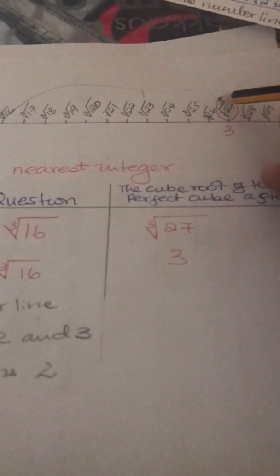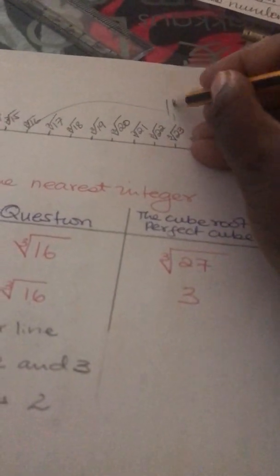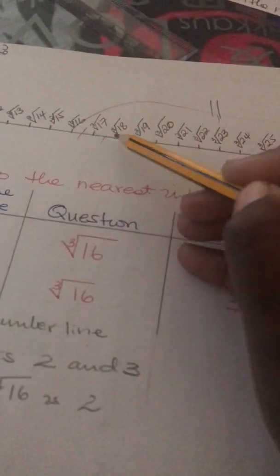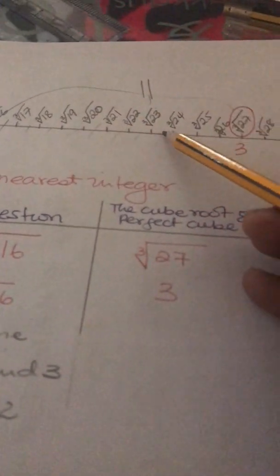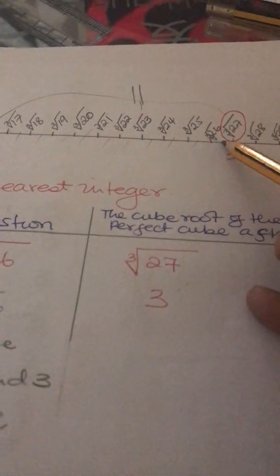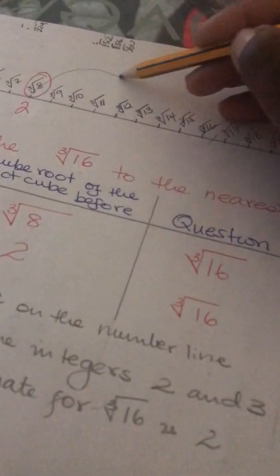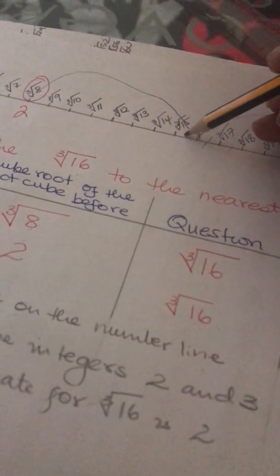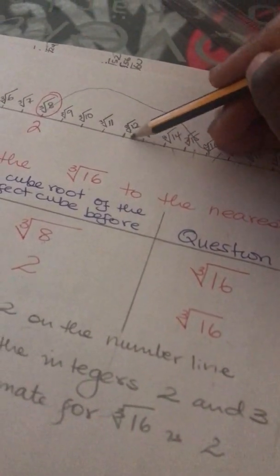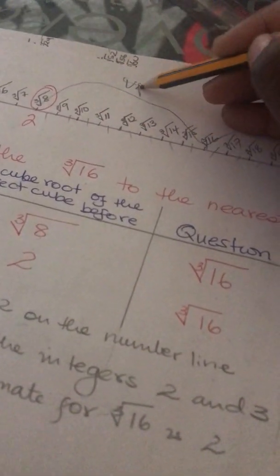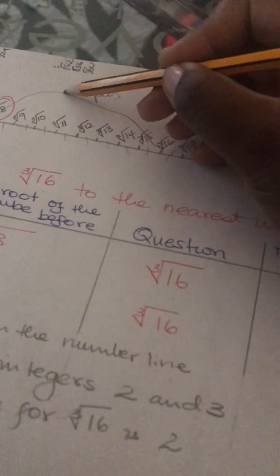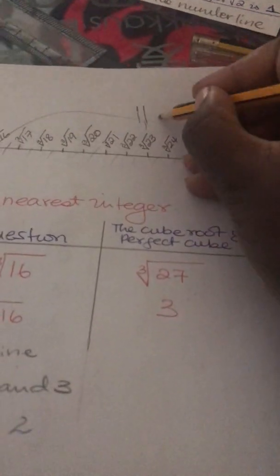From here to here, I should have 11 spaces. 1, 2, 3, 4, 5, 6, 7, 8, 9, 10, 11. And then from 16 to 8, 1, 2, 3, 4, 5, 6, 7, 8. 8 spaces. 8 spaces is a shorter distance than 11 spaces.